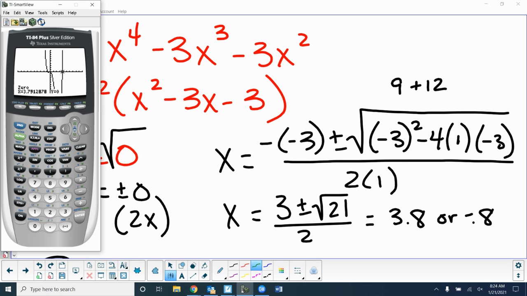Because it's kind of hard to tell that it's bouncing off, if you hit zoom box, the zoom is right there next to trace up in the middle. I like to do the box. I like to draw a box around the area I want to zoom in on. So when I hit enter, my cursor, because I've been moving around, is over here, but I'm going to move it over. All right, to about there, and hit enter.